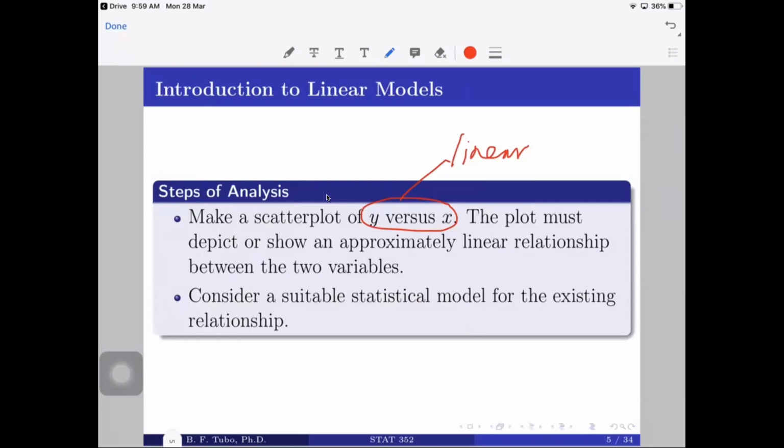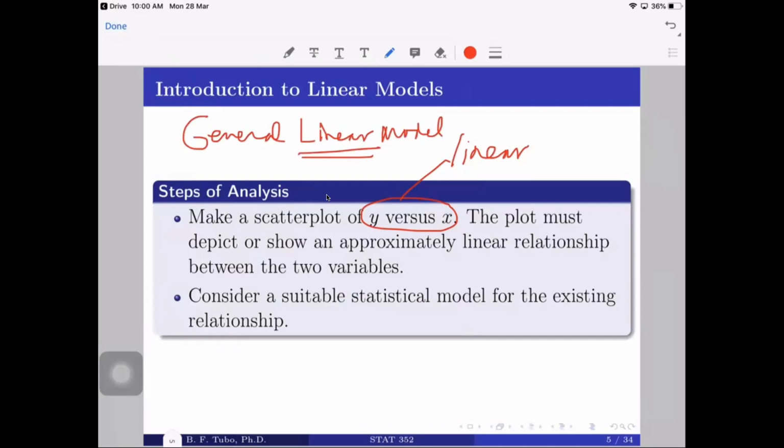So that is your generalized linear models. Here, what we have is the general linear model. It is linear in the sense of being linear with respect to the parameters.